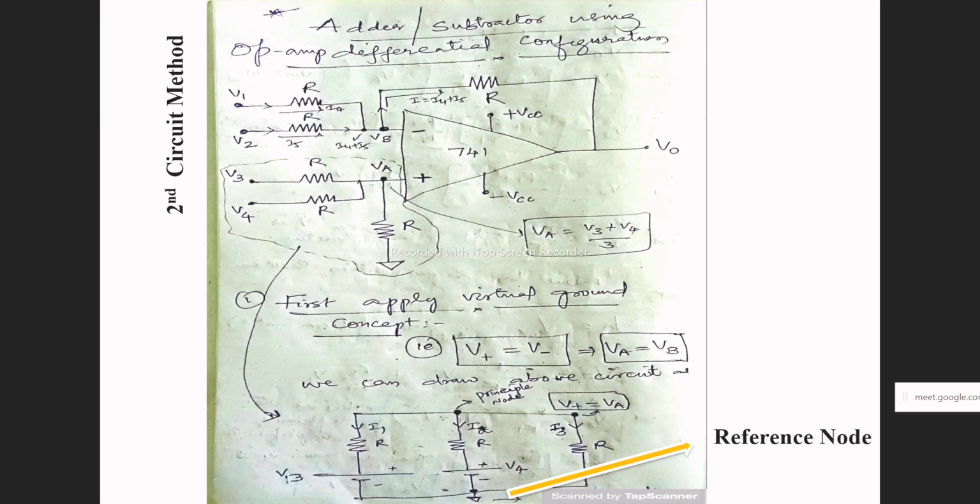If I need a non-inverting, this entire term becomes 0, and it will be a positive term. But if I need the inverting adder, this term will become 0 and it will be having a minus in front of that one. So that's nothing else but a simple inverting amplifier circuit. So this is about your op-amp acting as an adder or subtractor, adder slash subtractor, in a differential configuration.